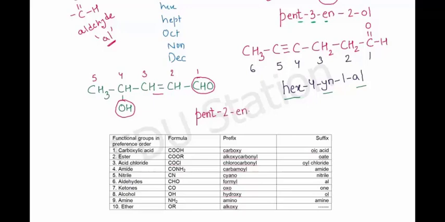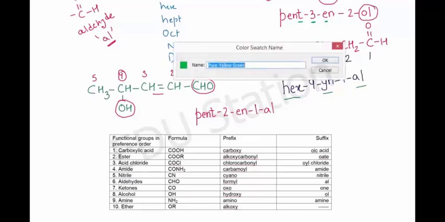E gets cancelled with A, 1 al. So it's pen 2 and 1 al. Now we have not written alcohol. Alcohol is present on 4th carbon. For alcohol we write hydroxy when it is not preferred. So for alcohol we wrote ol, ol when it was preferred.